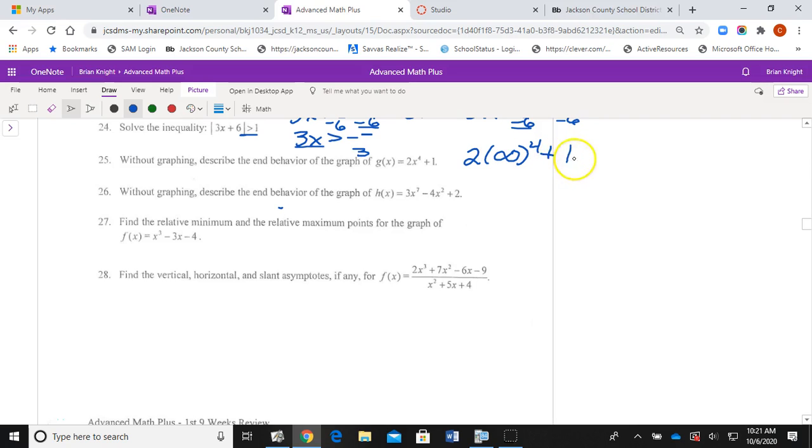Again, do you really care about the plus 1? No, because we're talking about going to infinity, so that plus 1 really doesn't have any effect on it. Positive infinity to the 4th power is positive infinity, times 2 is still positive infinity. So, as x approaches positive infinity, f of x approaches positive infinity as well.